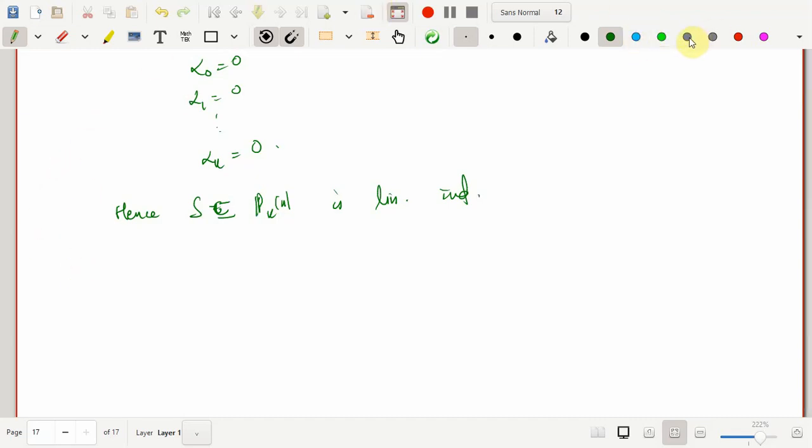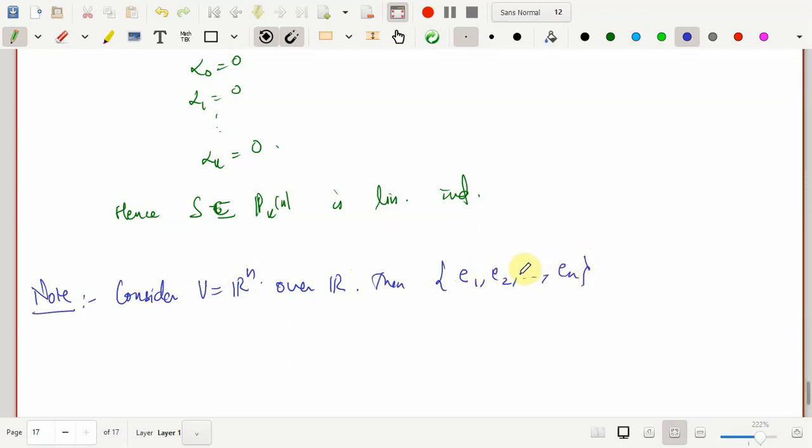One important note: if I consider the vector space Rn over R, a real vector space, a standard vector space, then the set consisting of the vectors e1, e2 and en, these are the standard vectors in Rn, is linearly independent, where ei stands for the vector whose ith coordinate is equal to 1 and all the rest of the coordinates are 0.